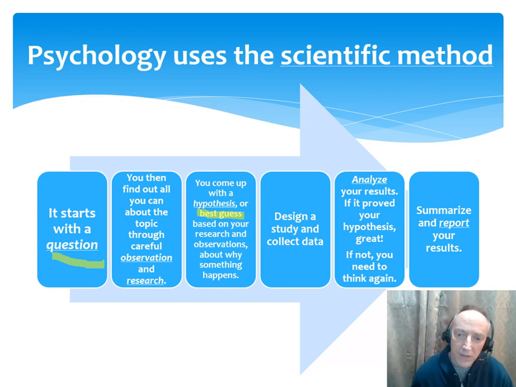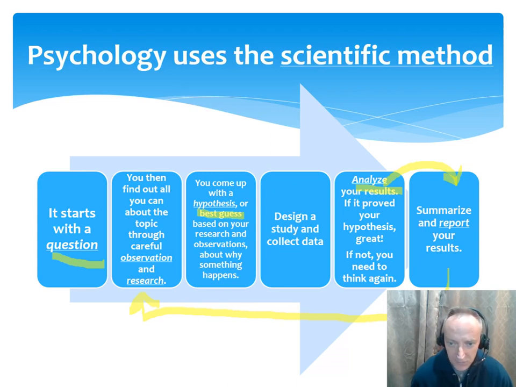You will analyze your results, and if your results support your hypothesis, then you have an obligation to write it up and summarize your results so that the next time when someone else has a question about this topic, your data is there for them to read and help them develop their own hypotheses.